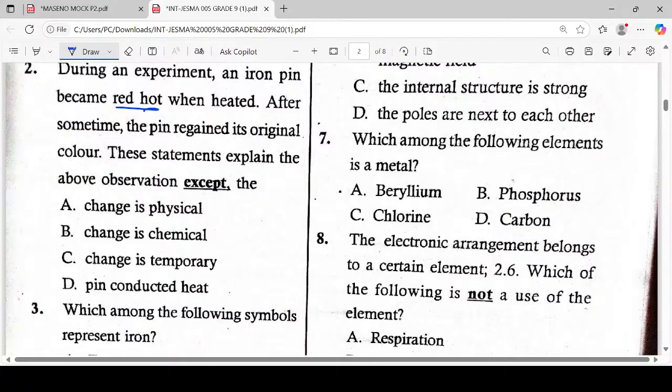No, chemical change results in the formation of a new substance, but here you can see it regained its original shape, so this one is wrong. Part C, change is temporary. Yes, that's why it regained the original shape. Then the pin conducted heat. Yes, the pin conducted heat, thus becoming red hot. So the excluded answer here is B for boy.